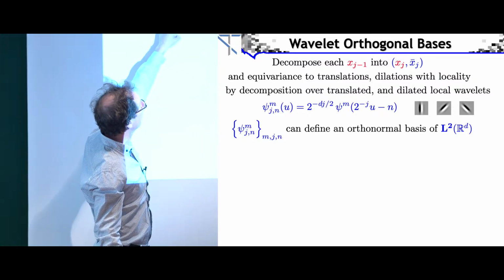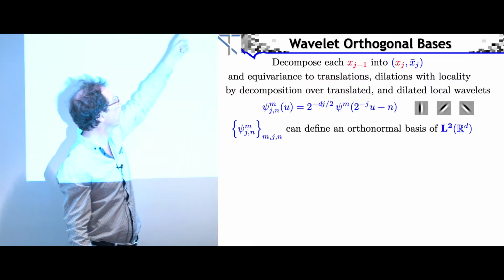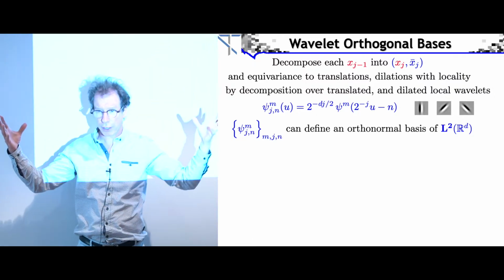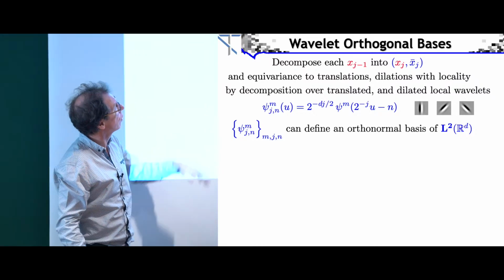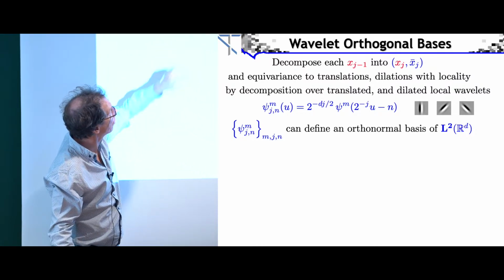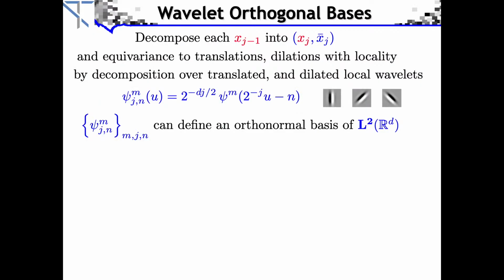A wavelet basis is obtained from a single wavelet, psi over there, that you are going to dilate by a factor 2 to the j, translate on a uniform grid whose interval is 2 to the j, and rotate. So these are typical wavelets rotated. And if you adjust the construction of your wavelets, you can get an orthogonal basis.